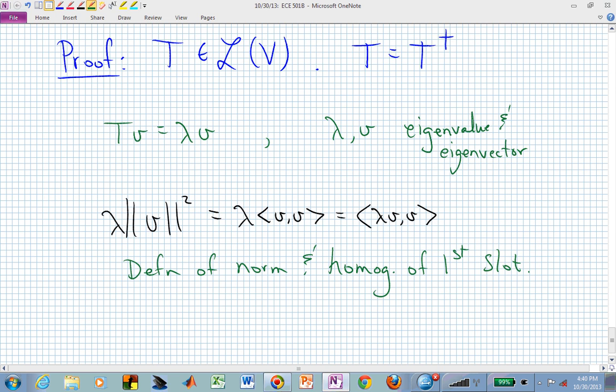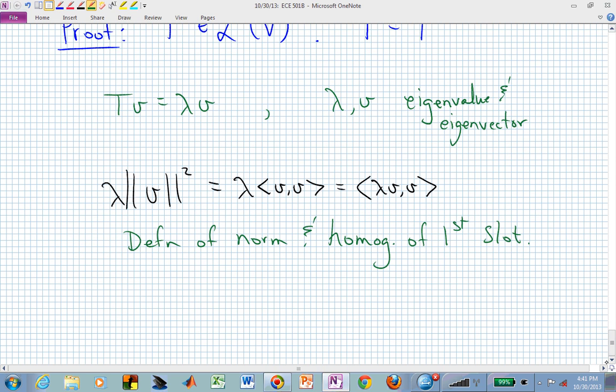We have lambda v. Well, we know what lambda v is equal to. That's Tv. We like Tv, right? Oh, not television, but the map T applied to the vector v.